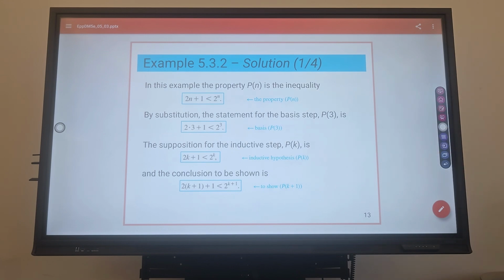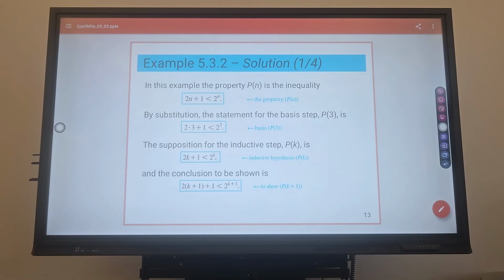By substitution, the statement for the basis step, P(3), is 2 times 3 plus 1 is less than 2^3, which is the basis step. The supposition for the inductive step, P(k), is 2k plus 1 is less than 2^k. That's the inductive hypothesis.